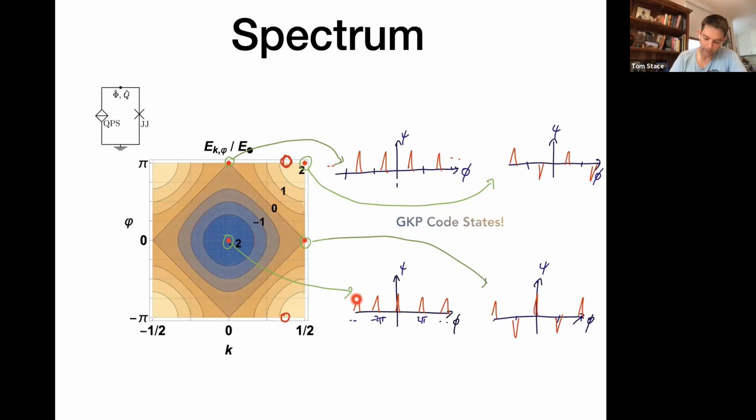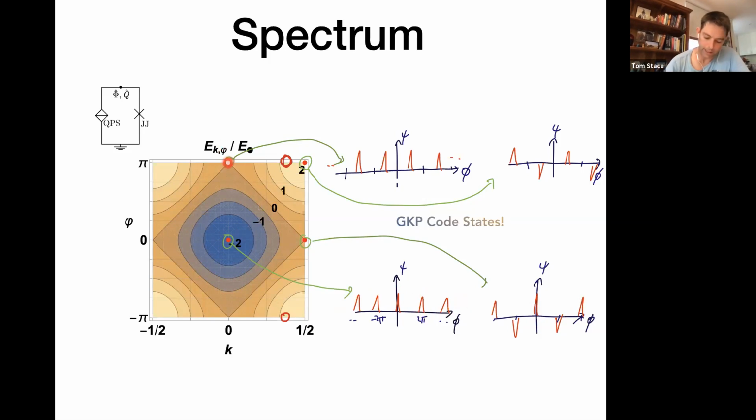So the central state, this lowest energy state, is a comb in the phase basis with comb lines at 2 pi multiples of the integers. And there's a uniformity to the comb, that is, every comb line has the same phase as its neighbor. The state that's here at this critical point, at this saddle point, looks similar. It's got comb lines that sit at every integer multiple of 2 pi, but now there's a relative phase of -1 between alternating states, between neighboring states.